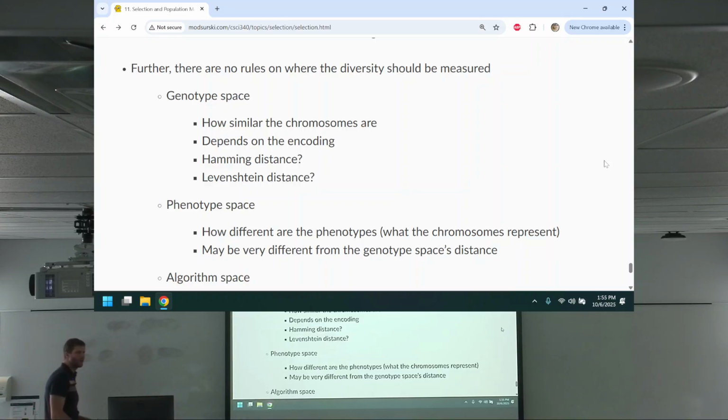How similar are those chromosomes? Well, this is going to depend on the encoding. You could have something like Hamming distance, like we talked about, or Levenshtein distance, which is similar-ish. Or if you had two Hamiltonian cycles, how could you compare their genotypes for similarity or differences? Is there a way I can quantify that? So that's kind of interesting.